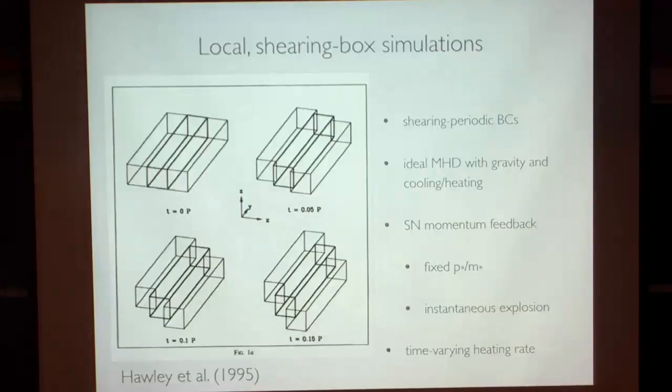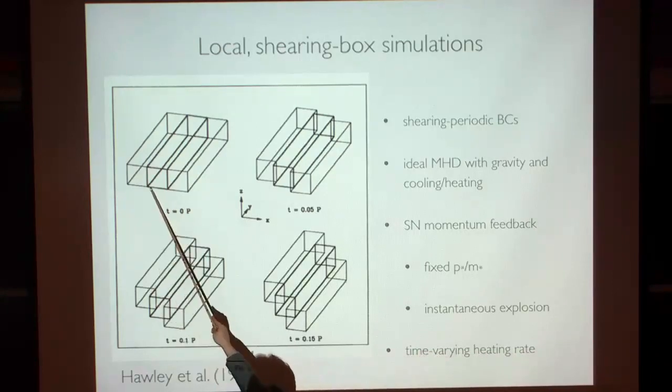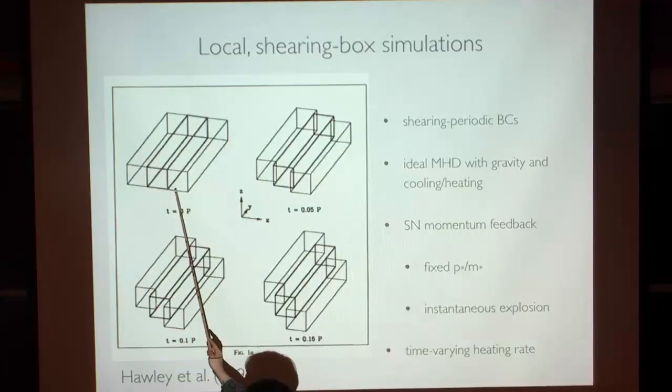So this local shearing box simulation sometimes looks quite strange. Since we are considering the galactic differential rotation, your local box was periodic at some point, and then it actually sheared out.